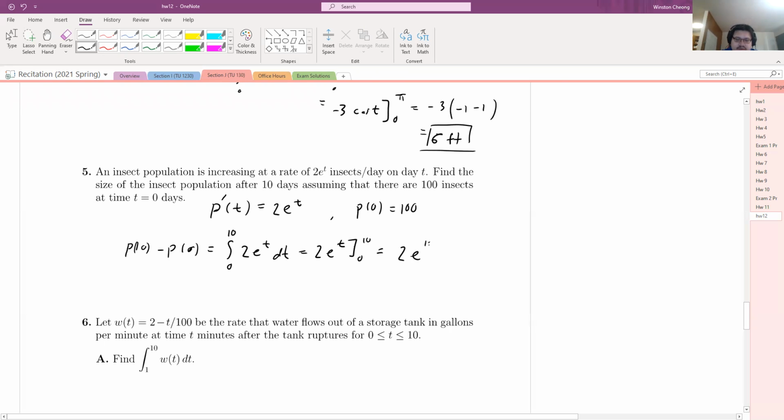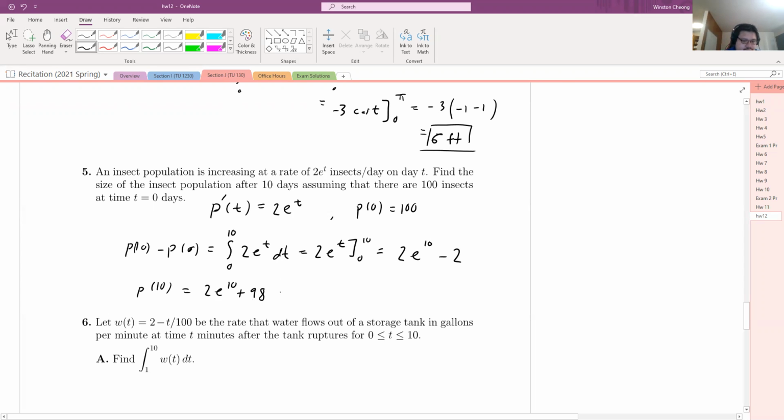This is going to give me 2e to the 10 minus 2. But we know what p of 0 is, so we can solve for p of 10. We'll end up with plus 100, so 2e to the 10 plus 98.